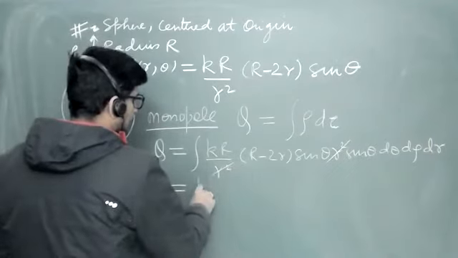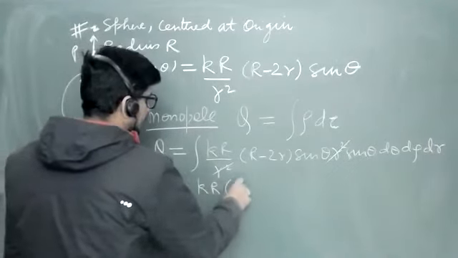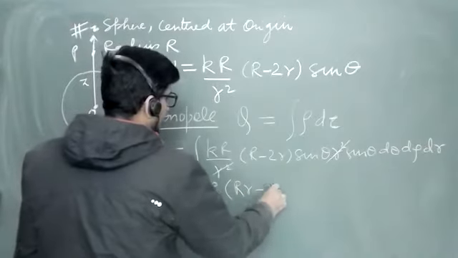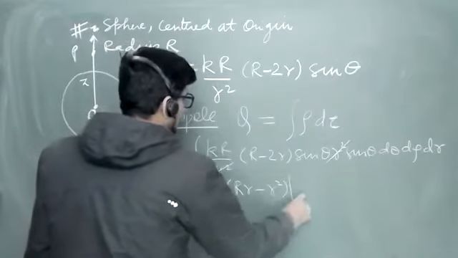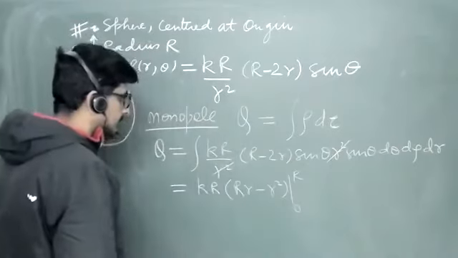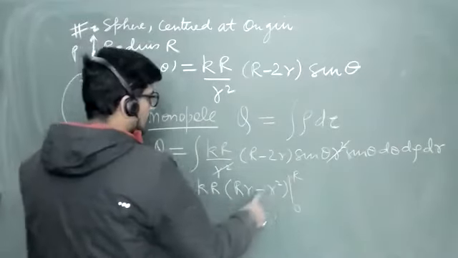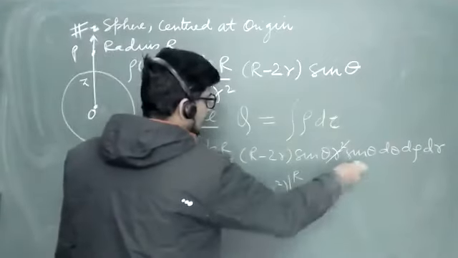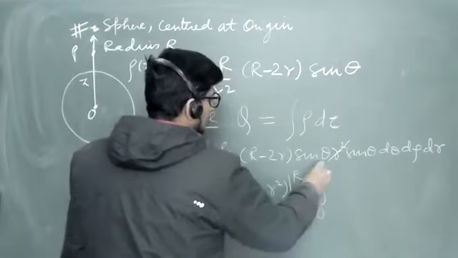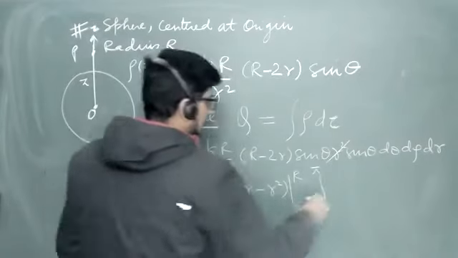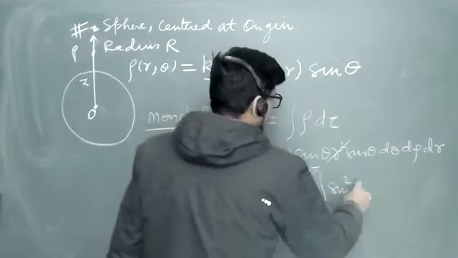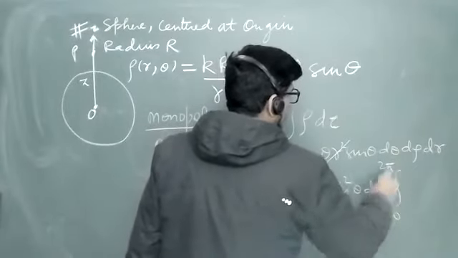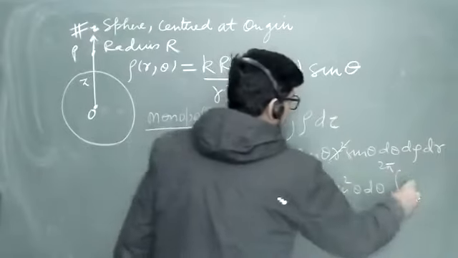So it will become k, R r minus r square, r square, from 0 to R. And you see, if you put the limits, upper limit and lower limit, both will become 0. Otherwise you would have to integrate this also, 0 to pi of sine square theta d theta, and also 0 to 2 pi d phi.